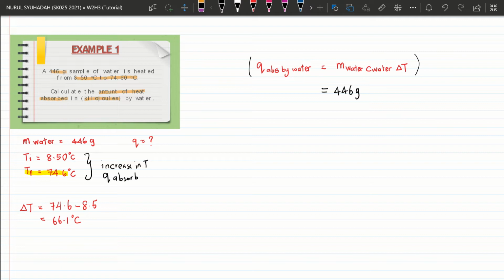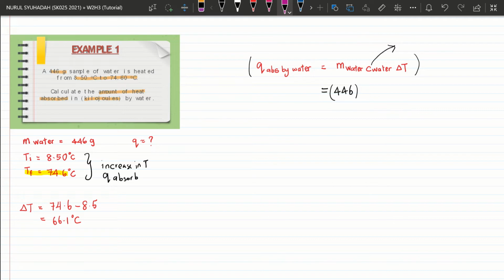Why? Because of the specific heat capacity of water. In this question, the specific heat capacity is not given. Why is it so? This is because the value of specific heat capacity is given to you in the list of constants. It is something constant.